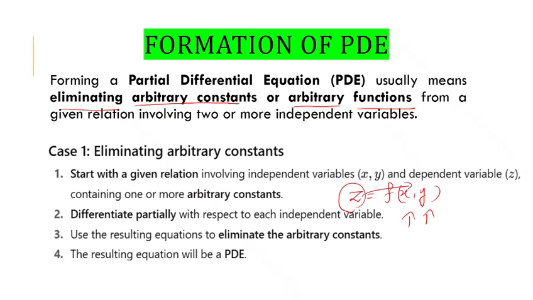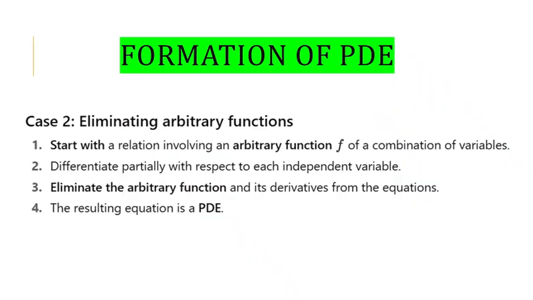We get two more equations, and using the resulting equations, elimination of the arbitrary constants gives our resultant PDE. In a similar way, we can eliminate the arbitrary functions to form our PDE. For this, we start with the relation involving an arbitrary function of a combination of variables and differentiate that function with respect to each independent variable.